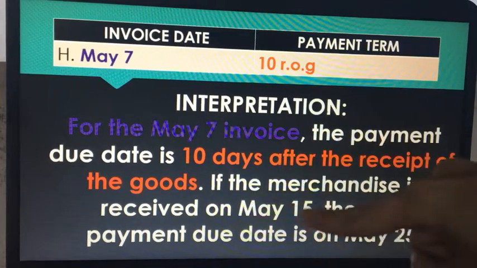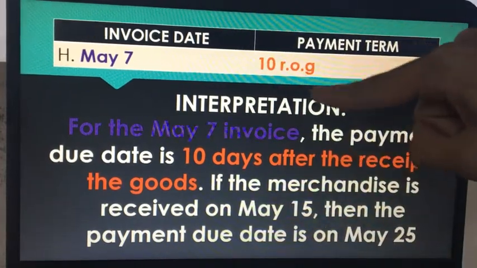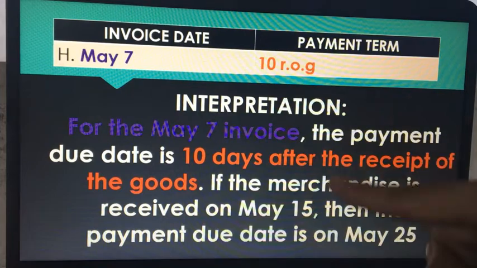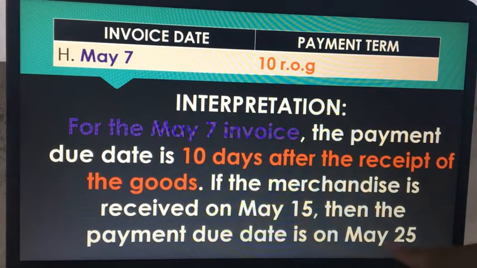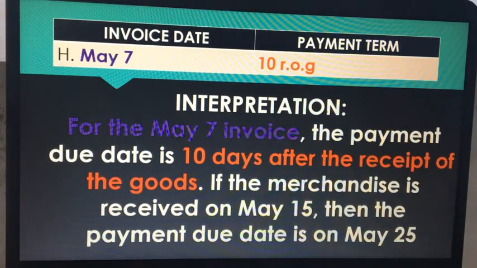From May 15, you count 10 days to know the due date, so that will be May 25. That's how you interpret ROG. Again, ROG is the receipt of the goods.